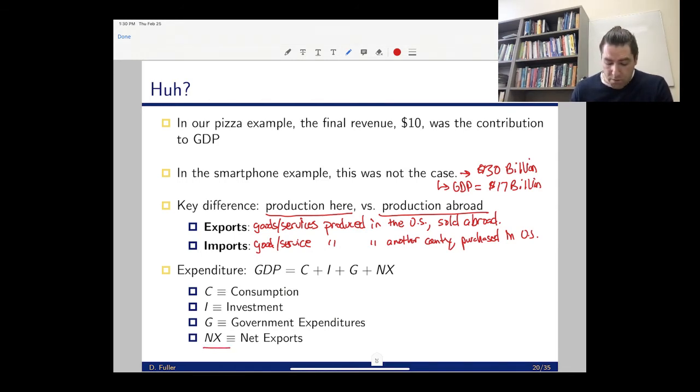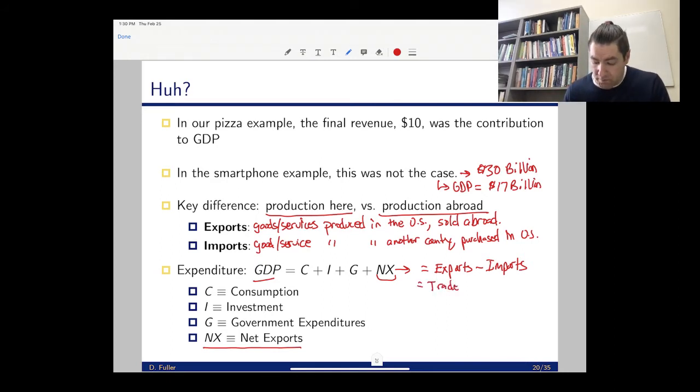Okay, so a few terms related to exports and imports. One of the things that we look at in GDP, so I'm going to calculate it as the sum of different expenditures. Net exports is simply my exports minus my imports. That tells me what my net exports are. There's several different terms we'll use to describe this.